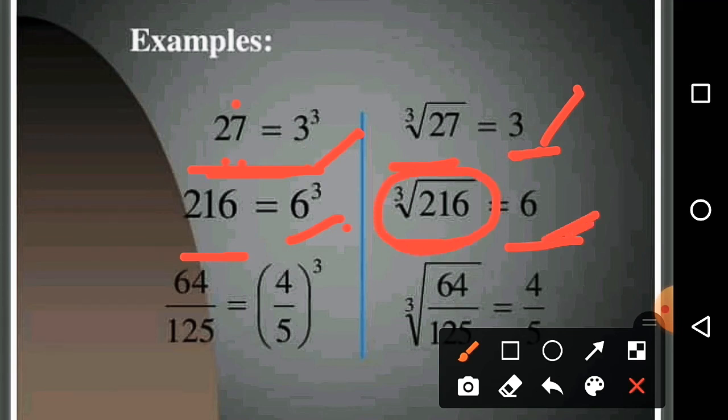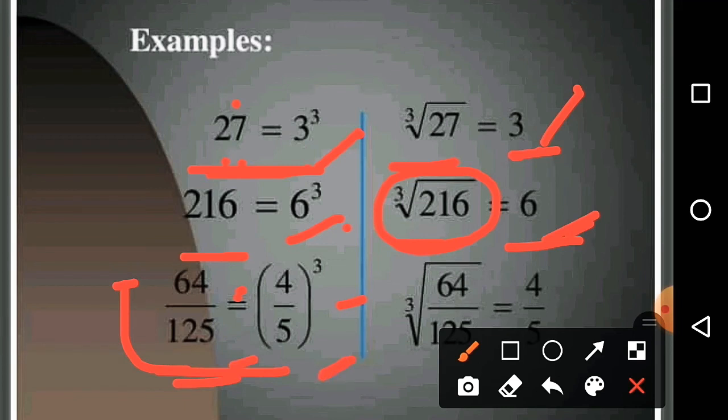Now cube root of a fraction you can also find out. If both the numerator and denominator are perfect cube numbers, then the cube root of the fraction we can also find. See this way, for example 64 upon 125 is given to you. So 64 is a cube of 4 and 125 is a cube of 5.